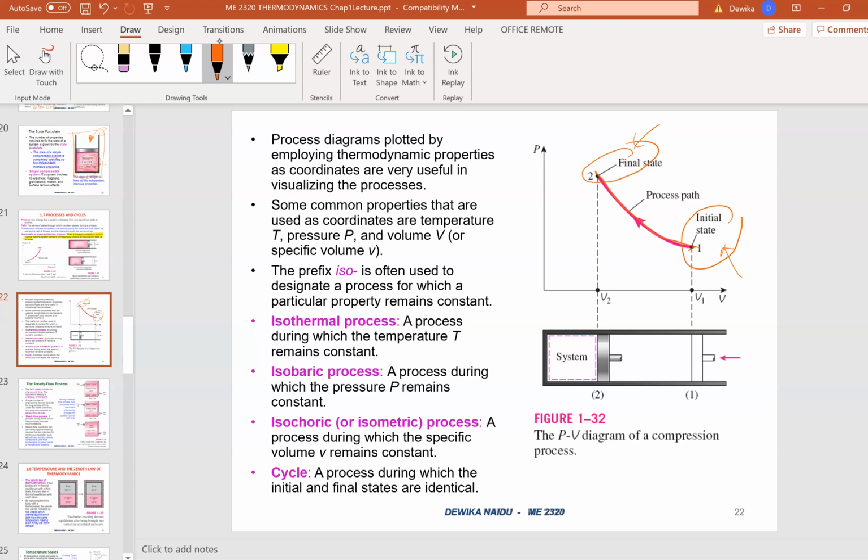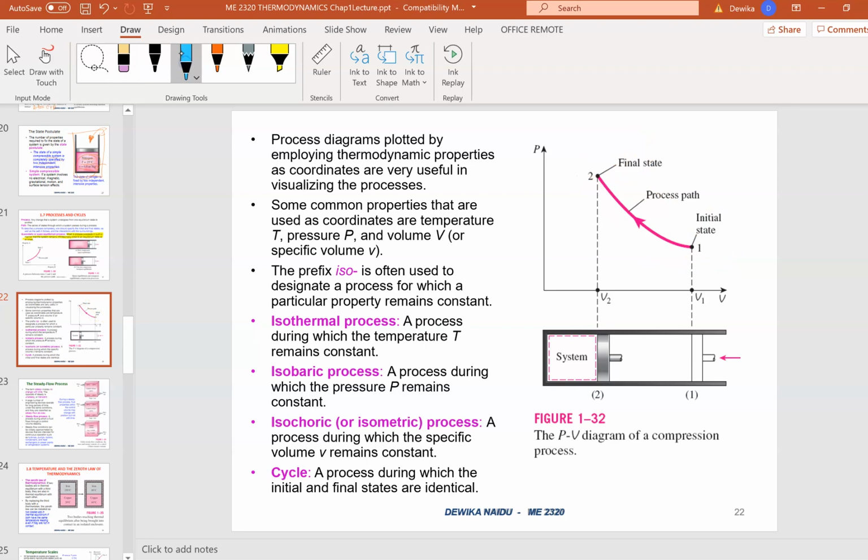You can take Federal Highway and reach your house, or you can take another route and reach your house, or maybe you want to take NPE, another alternative route, and reach your house. It depends, as long as you reach your final state. Different routes will have different calculations. You will see that in the next class. Different routes will cause you different toll charges, petrol charges, and all this, right? So something like that.